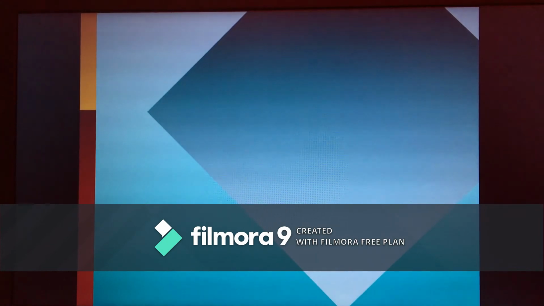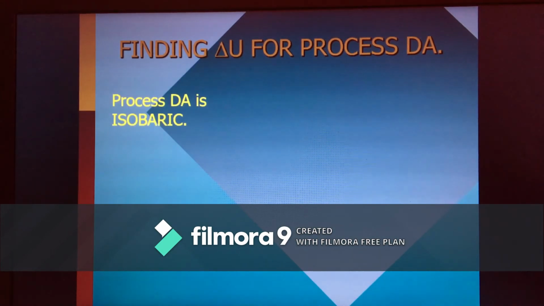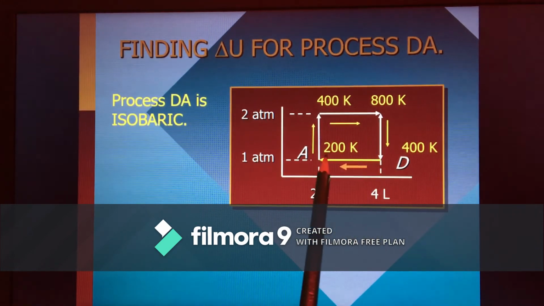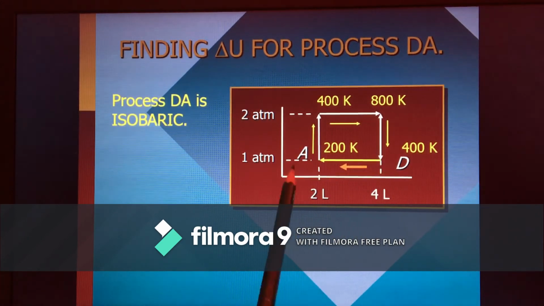Alright, next let us consider the process from point D to point A. This time we will find the change of internal energy for the process DA. Process DA is isobaric because the pressure is constant from point D to point A. So this is an isobaric process.